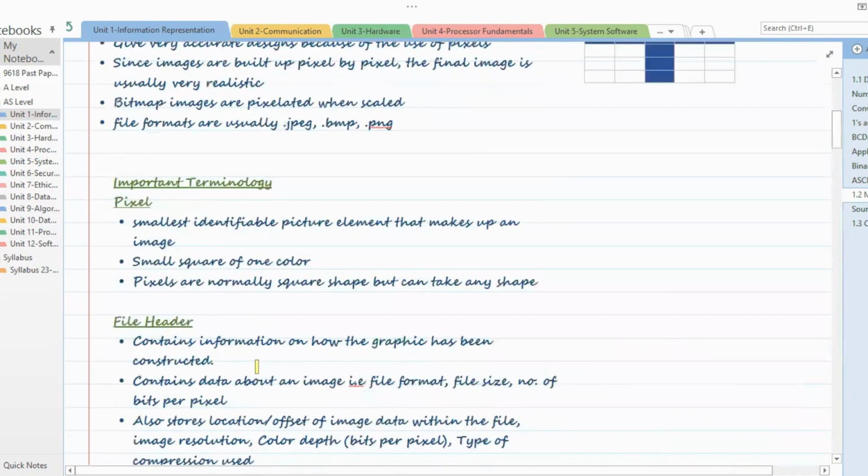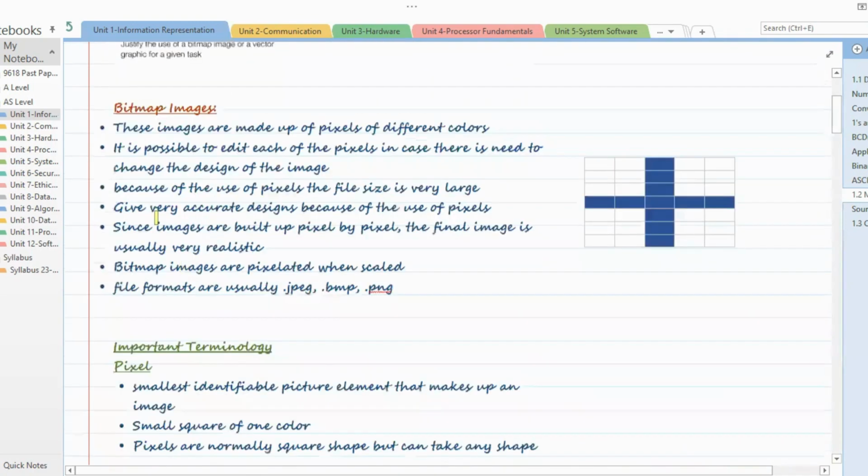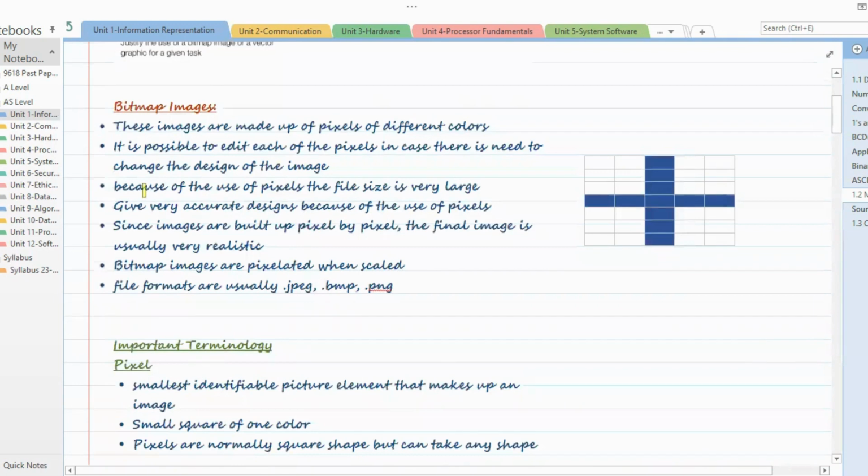Okay, now let's come back to our main topic, which is bitmap images. These images are basically made up of pixels of different colors, right? These can be monochrome pictures, or n number of colors can be used in a particular image.